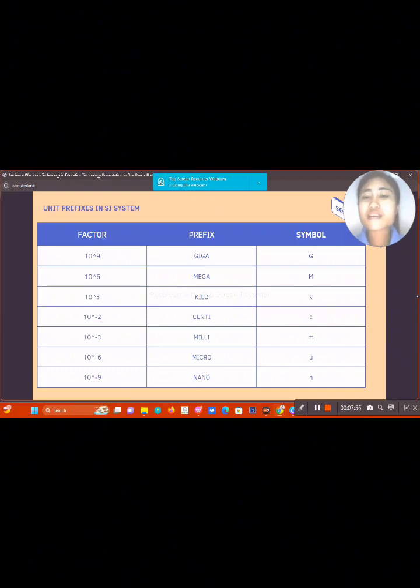These prefixes are used afterwards when we apply them in a particular problem. For example, gigameter, gigawatts, kilowatts, centimeter, centipoise, millimeter, just like that.